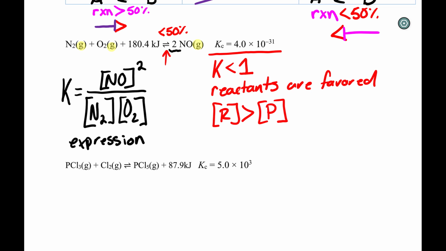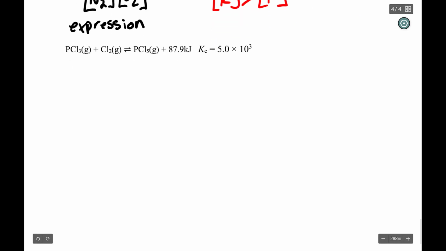Now that you've had the opportunity to try the question, let's go through it. So the first thing I would do is I'd highlight all the states, cross out any that don't belong. This is a homogeneous gaseous mixture, nothing gets canceled out. And then I'm going to underline my coefficients. They're all raised to the power of 1, so that makes it nice and easy.